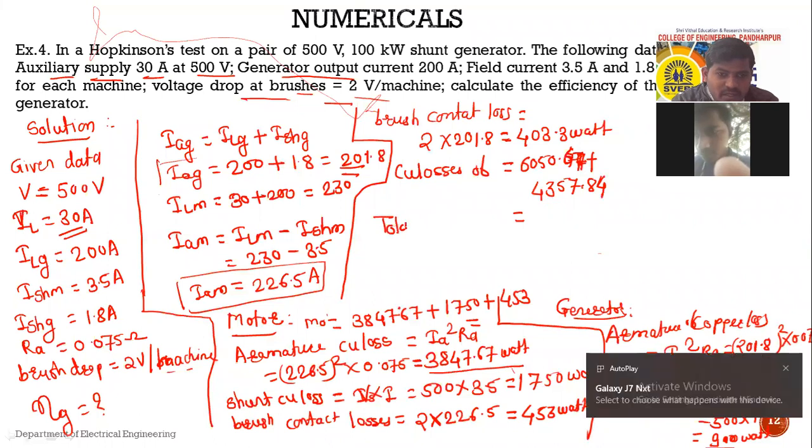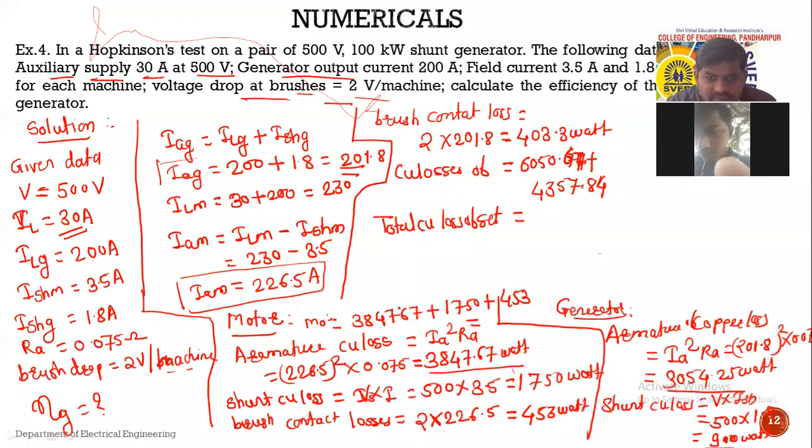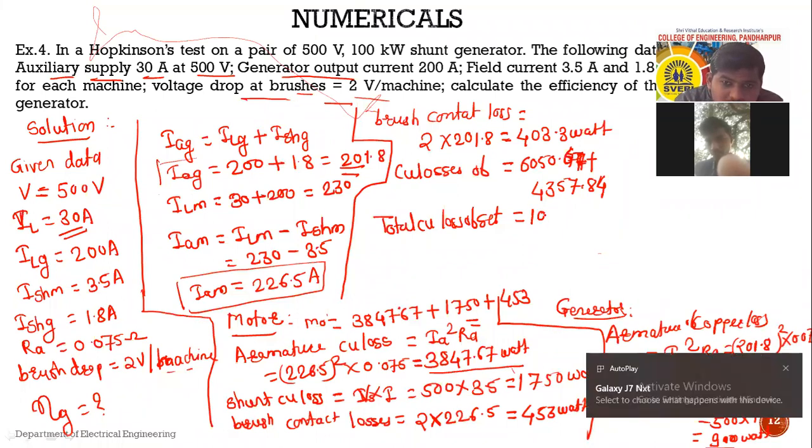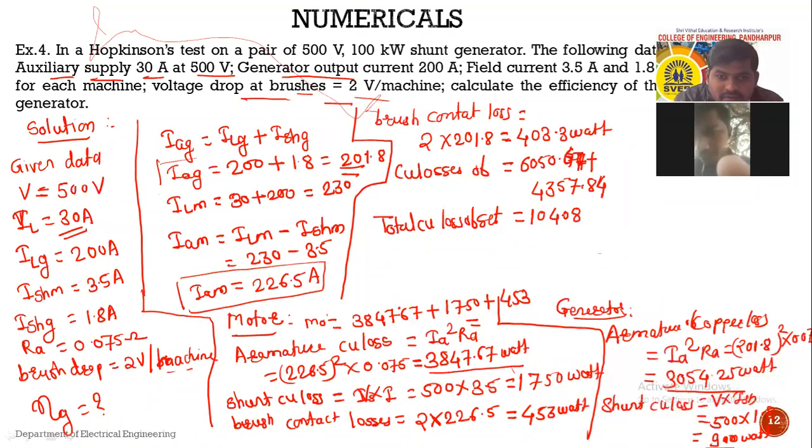So it is the total copper loss of the motor generator set. 10,408.52 watt.